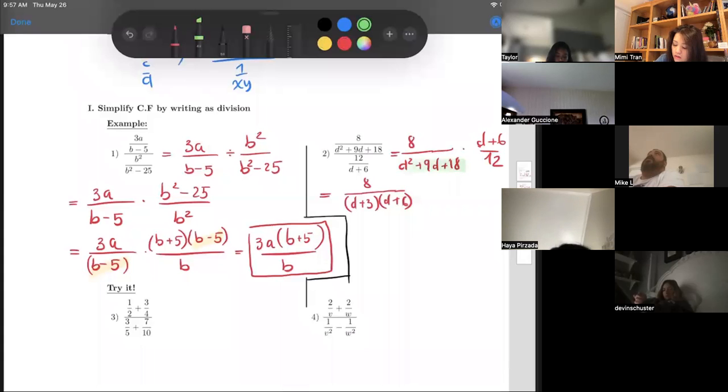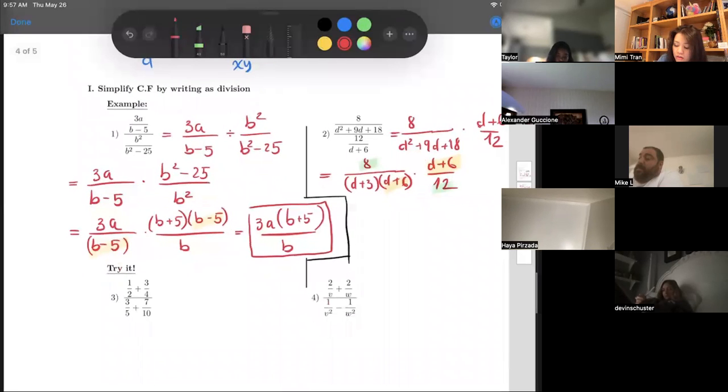Times d plus 6 over 12. Okay, there's a few simplifications here. I can simplify d plus 6, and then a in the 12. A goes into 4 two times, right? So 2 there, and then 12 divided by 4 is 3.